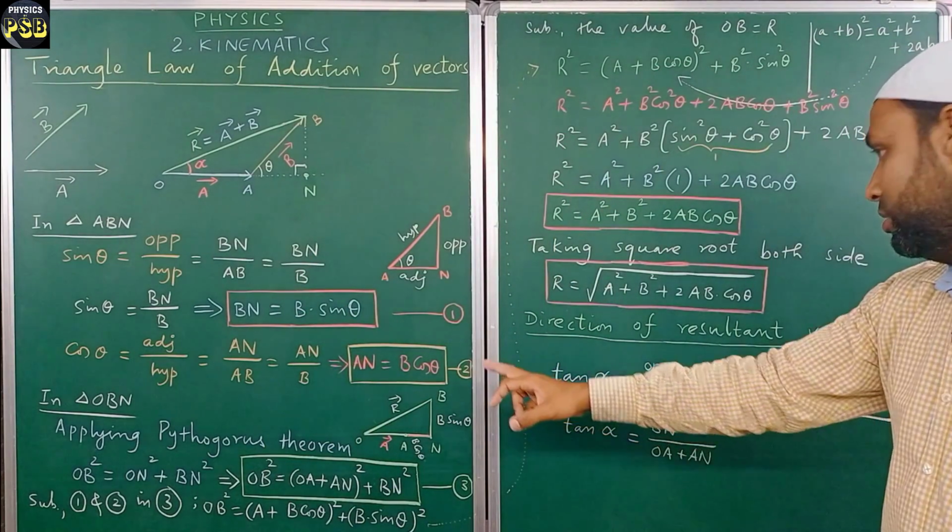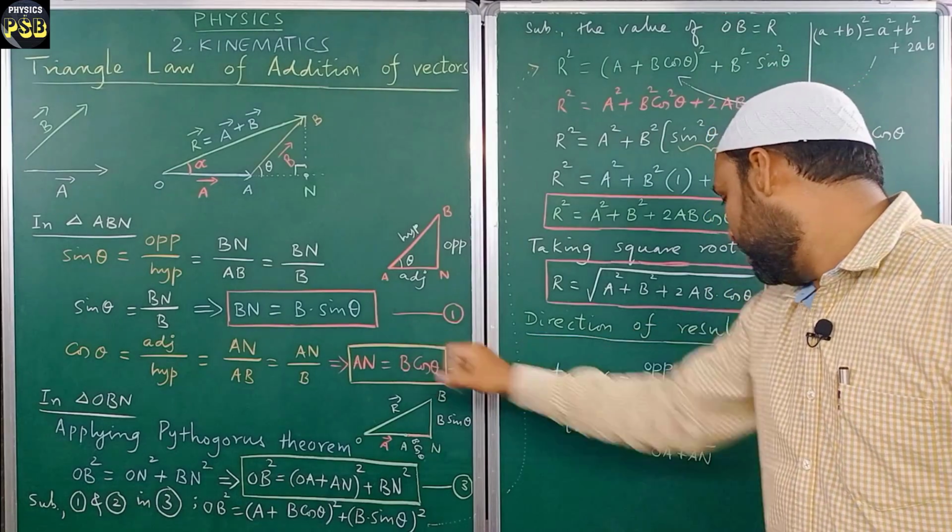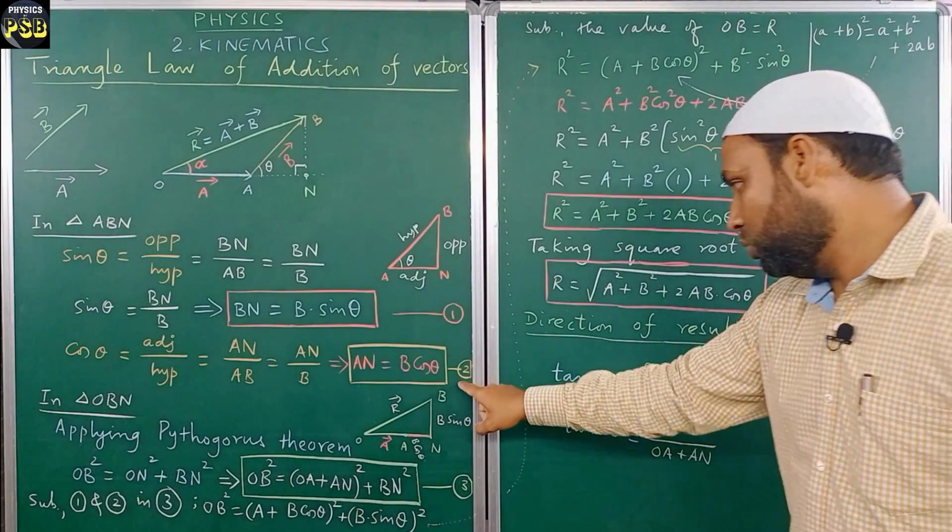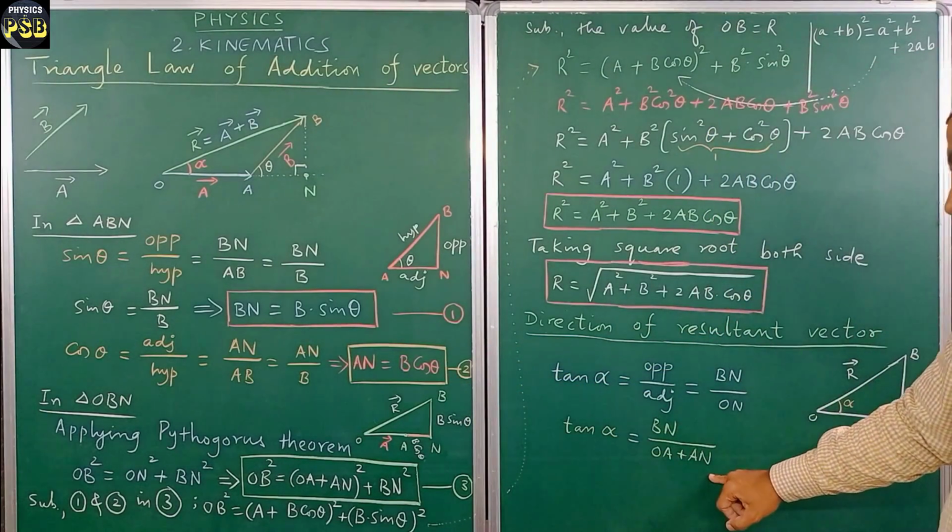From here the value of BN is obtained, and from equation number 2 we get the value of AN.